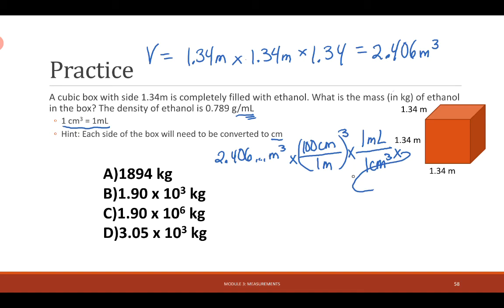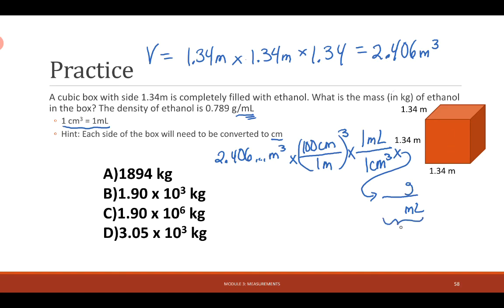I didn't mean to write over my math. There, now you'll actually be able to see it a little bit better. And so I'll be canceling out my milliliters and getting into grams.